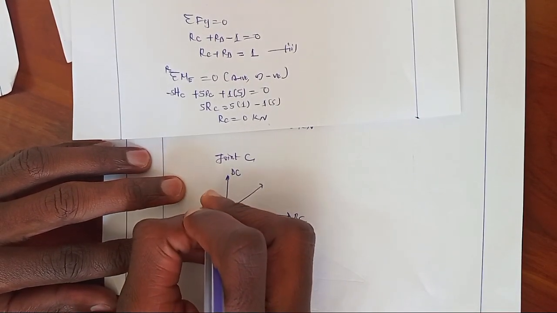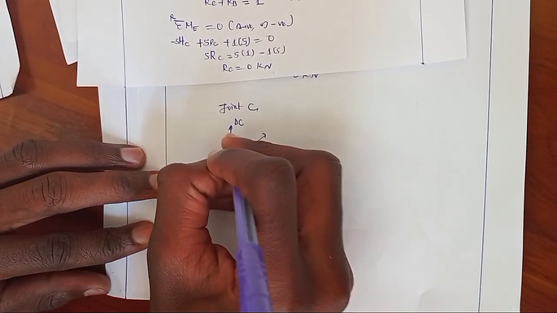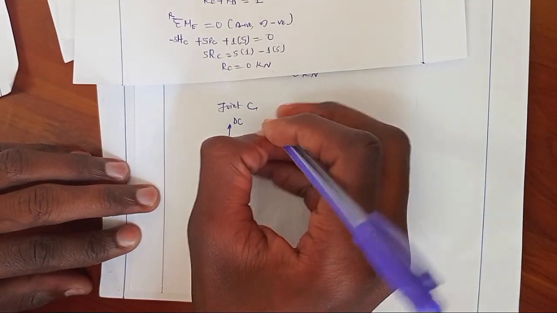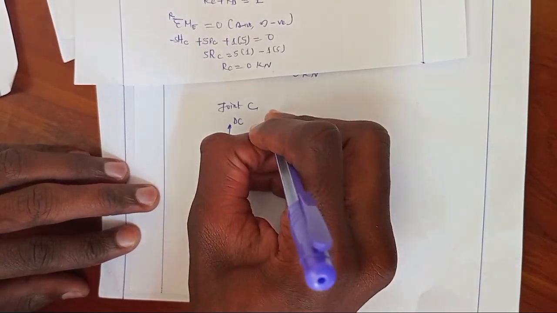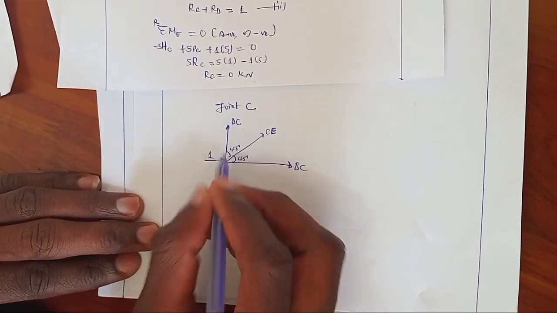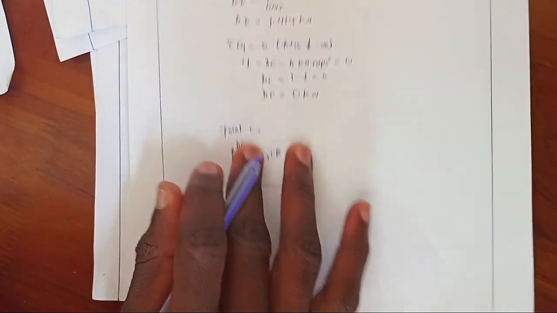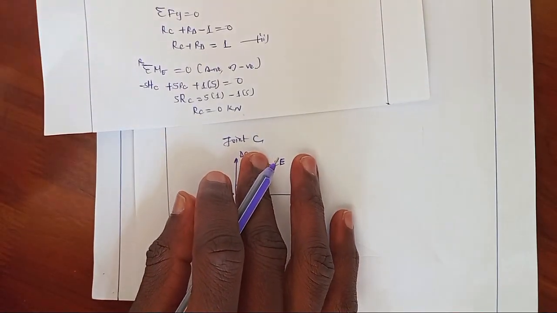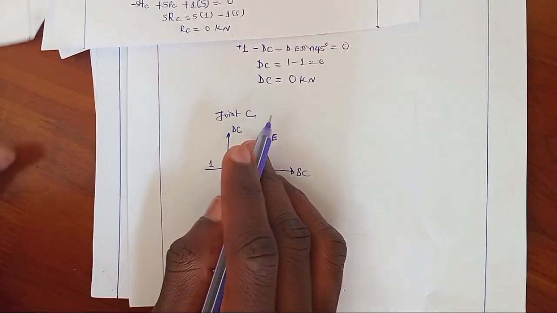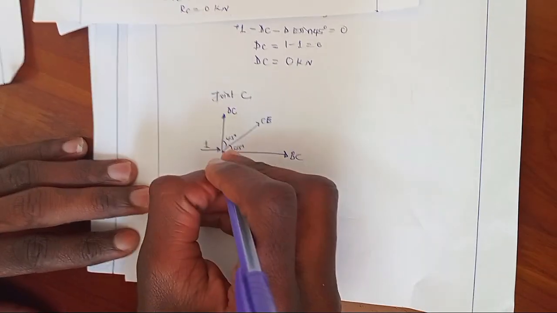HC was 1. Now this is 45 degree, 45 degree. This is CE. In order to obtain CE and BC, DC we have obtained, which was 0 kilonewton. So we may take summation of vertical force is equal to 0.